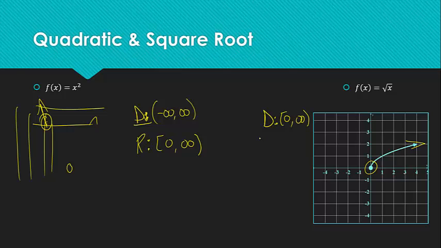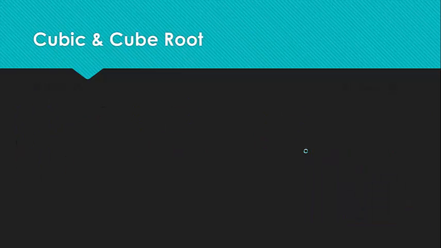Now range: the smallest number on the y-axis is 0, so include 0. And we've got an arrow here that goes forever upwards, so we're going to have infinity, and I won't say it again. Alright, that's the domain and range of the square root parent function.